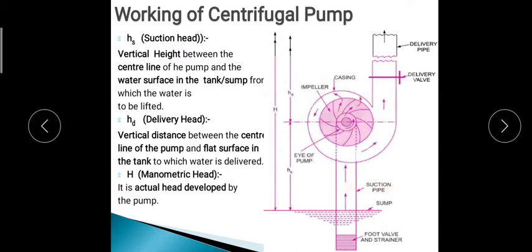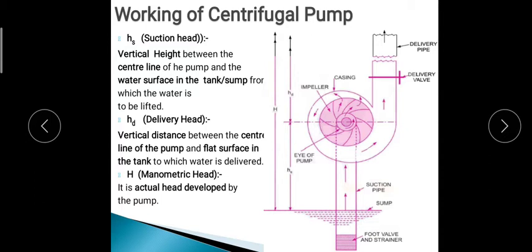As we know, pressure flows from higher level to lower level. So the water at atmospheric pressure will start entering through the foot valve into the suction pipe, because the suction pipe is maintained at low pressure.